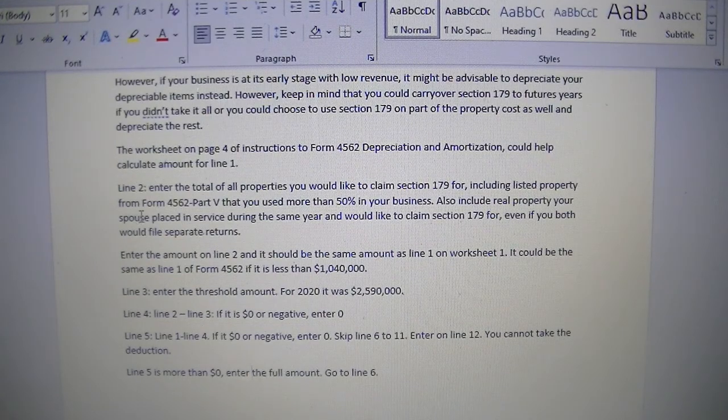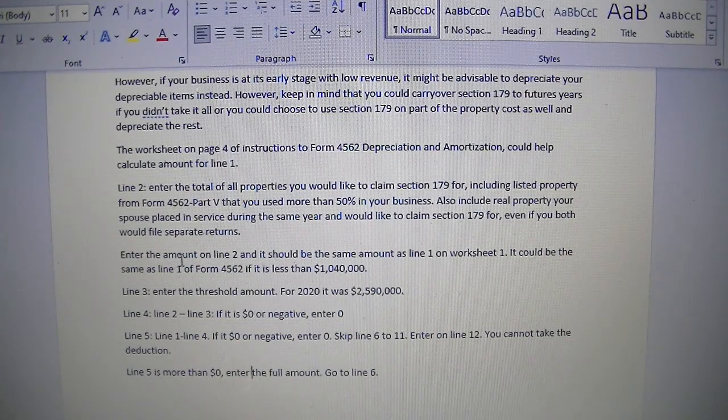So on line 2, you'll enter the total of all the properties you would like to claim Section 179 for, including listed property from Form 4562 Part 5 that you use more than 50% in your business. Also, include real property your spouse placed in service during the same year and would like to claim Section 179 for, even if you both are going to file separate tax returns.